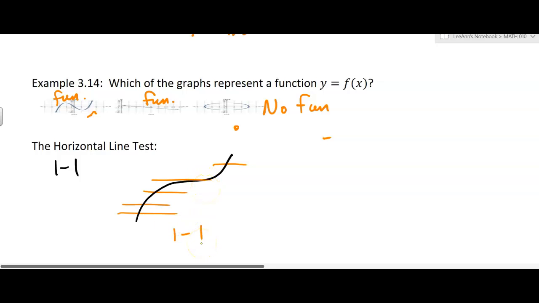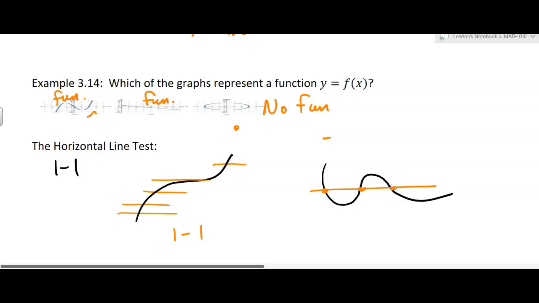Okay, so what if you had a function like that? Well, it's a function, it passes the vertical line test, but it doesn't pass the horizontal line test. Because right there, you're hitting like 3 places.